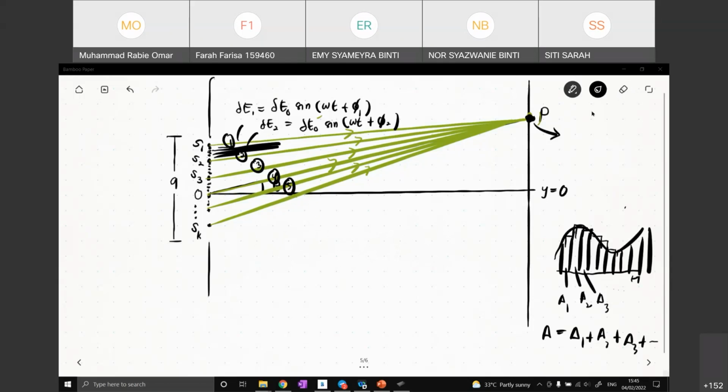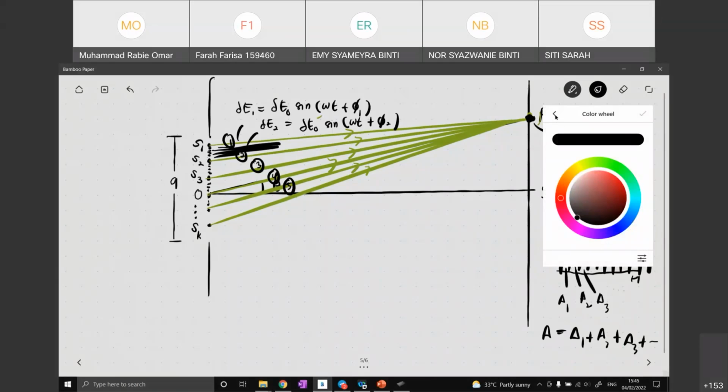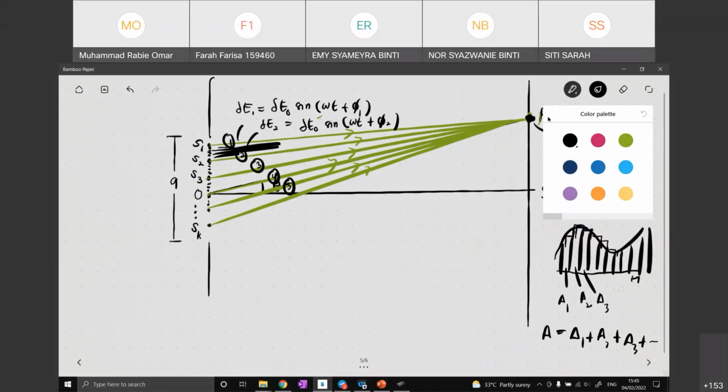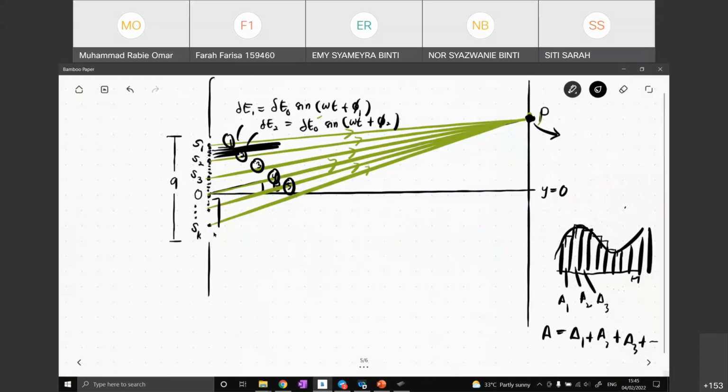So now I need you to have a look at each of the light rays over here, okay? So let's say if I zoom this particular area, so this is my source number 1, this is my source number 2, then I draw my source number 1 here and source number 2 here.